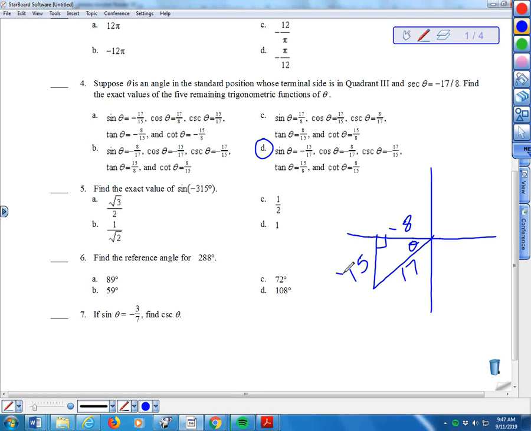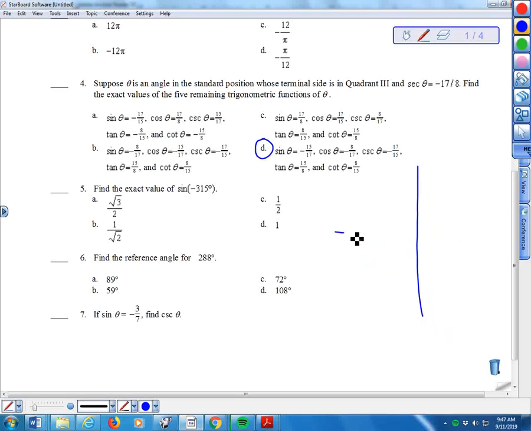Questions on that? Okay. Find the exact value of sine of negative 315 degrees. Well, negative 315 is going to be in the first quadrant, right? Because I'm going to go this way. And what is this angle going to be? 45. Yeah.